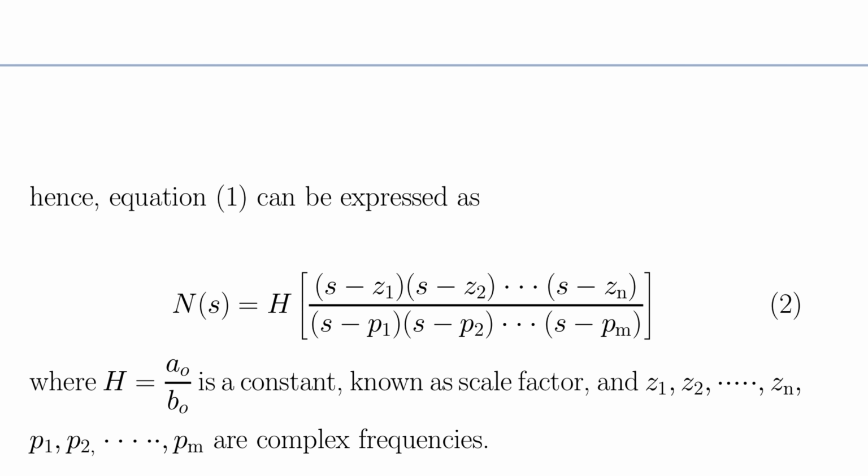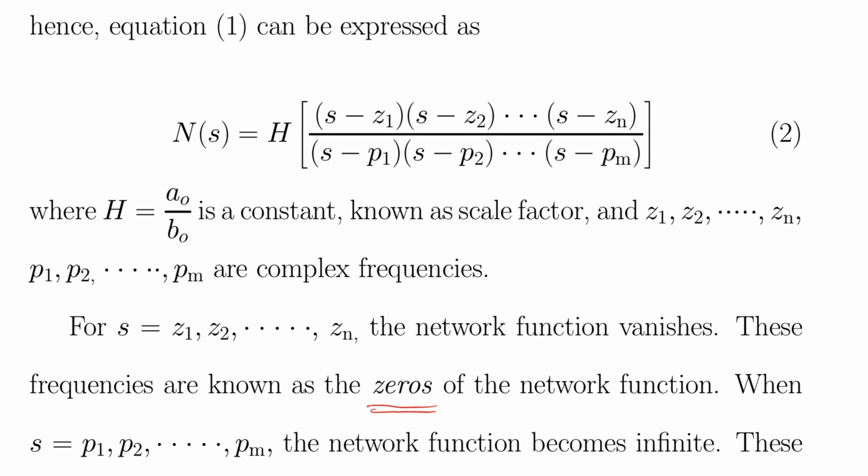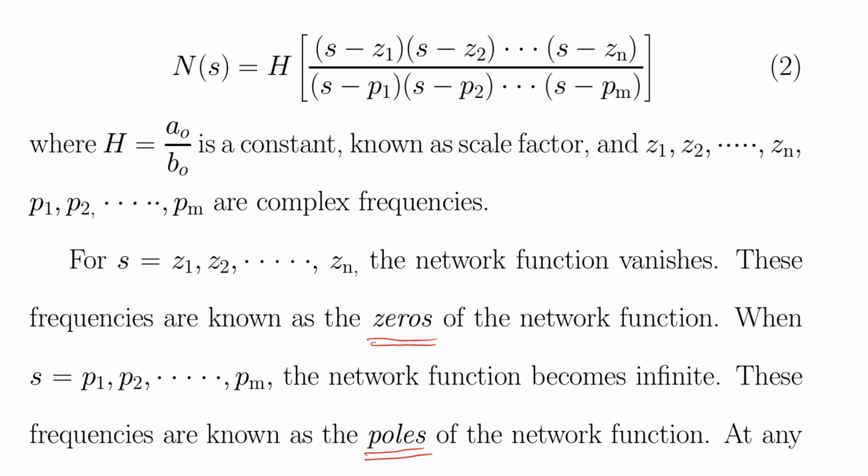Z1, Z2, Zn are complex frequencies, and so are P1, P2 up to Pm. For S equal to Z1, Z2 up to Zn, the network function vanishes. It is obvious from equation 2.